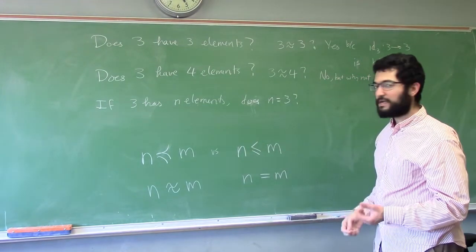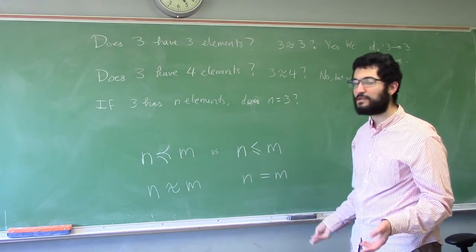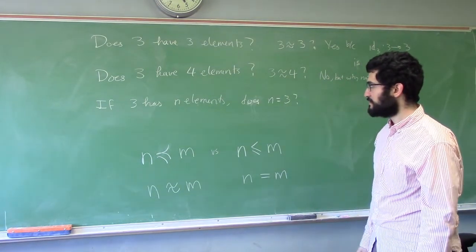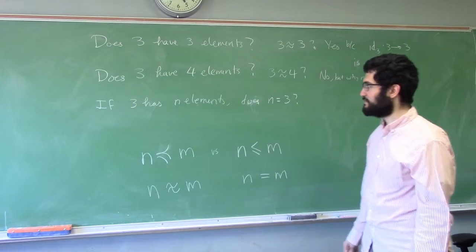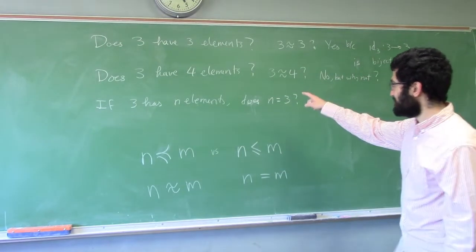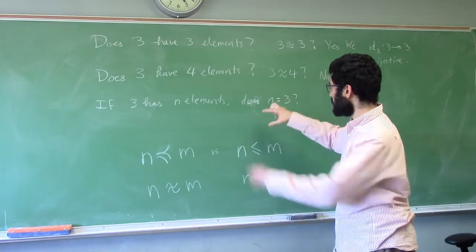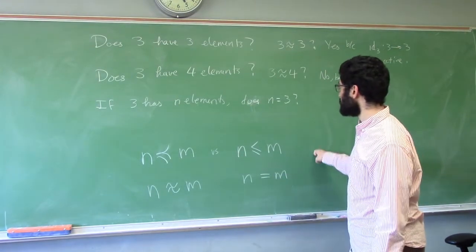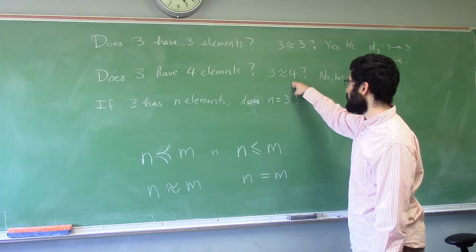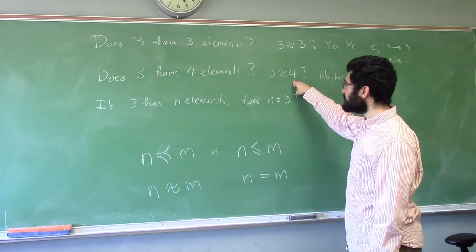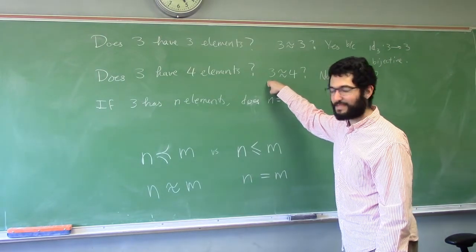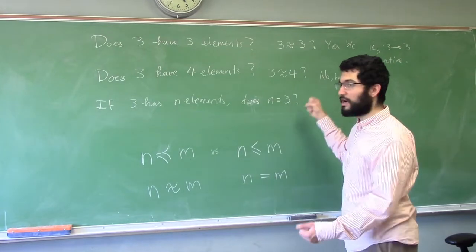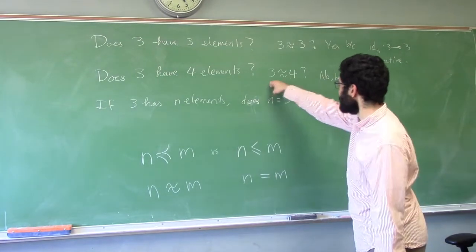So this goes back to the first video of this series of coronavirus videos, where we were drawing pictures and we were like, well, if you're going to have a surjection from 3 to 4, then 4 had better have at least as many elements as 3. And we just don't think there are enough dots in the diagram. This has 3 dots in its diagram.